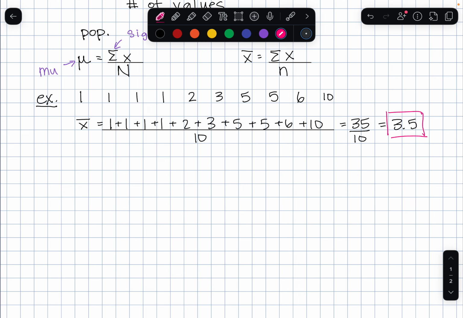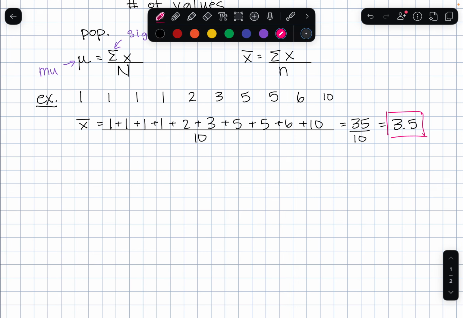And one thing you'll notice about that answer is that my min is 1, my max is 10. 3.5 is closer to 1 than it is to 10. So why is this a measure of the middle?